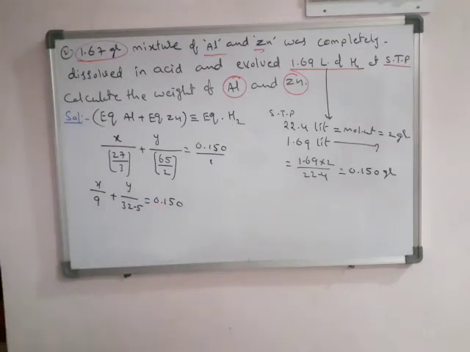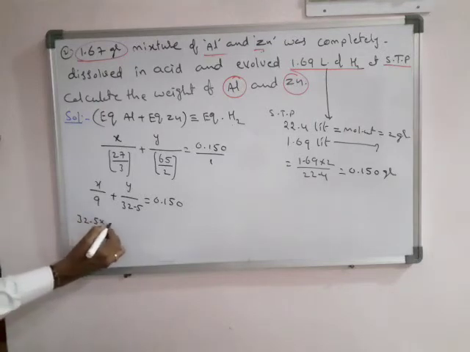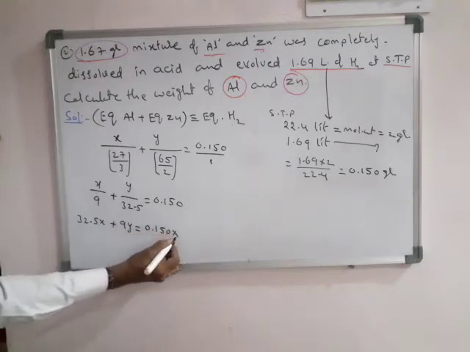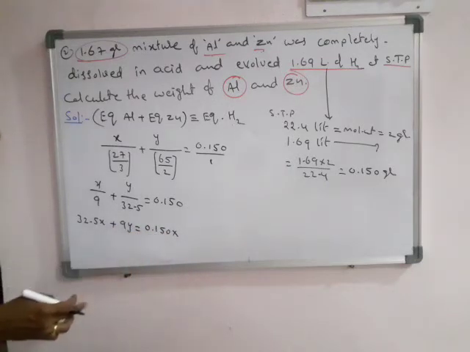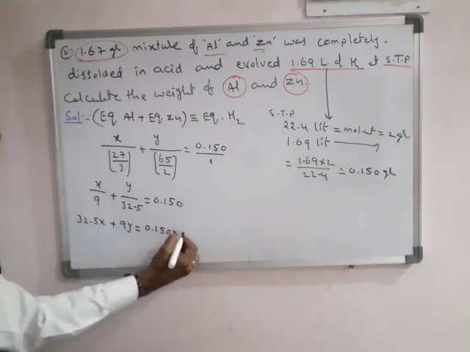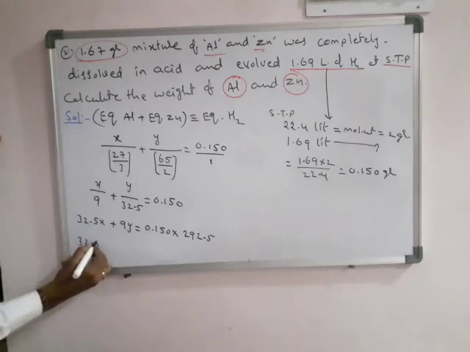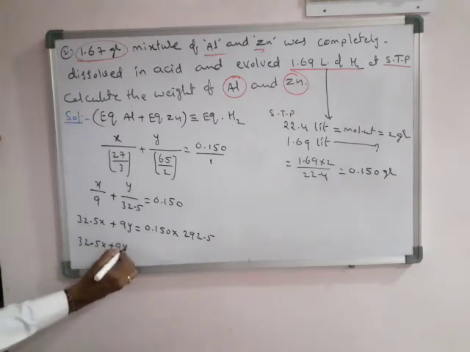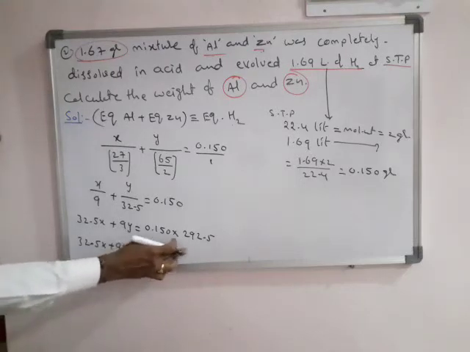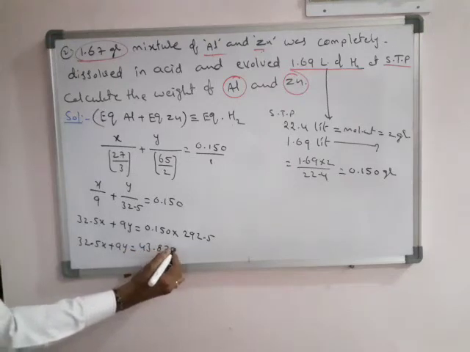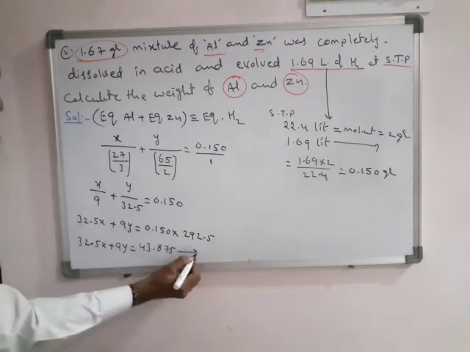And by taking LCM, here we will get 32.5x plus 9y, and for this calculation finally we will get 43.875. So it is equation 1.